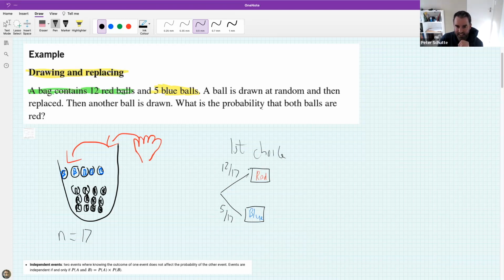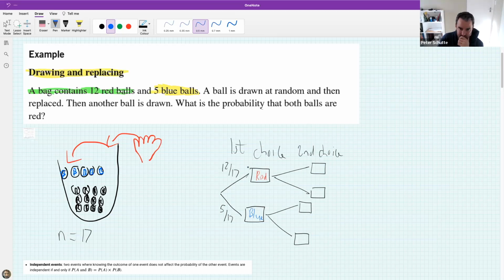So it's more likely that you'll get a red than a blue, but you also have a second choice. What are my choices for my second choice? It's still going to be red and blue.